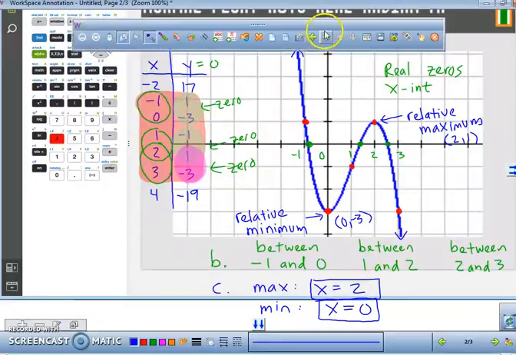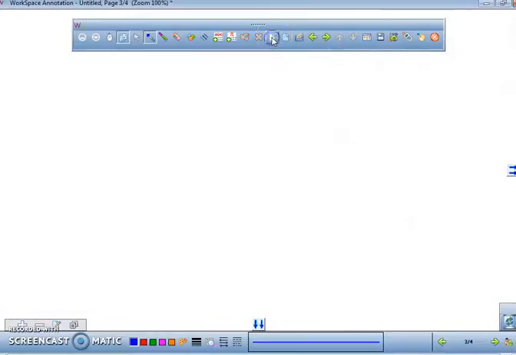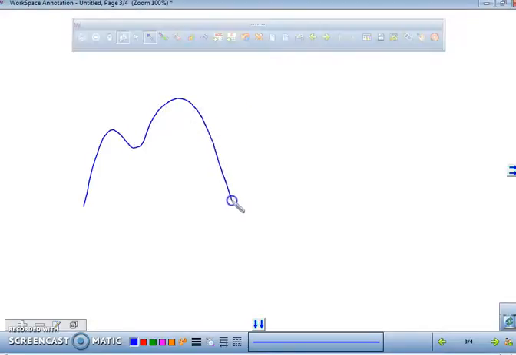Now, before we finish this video, I want you guys to understand what an absolute maximum is. If you have a graph that goes like this, this point right here would be referred to as a relative maximum.